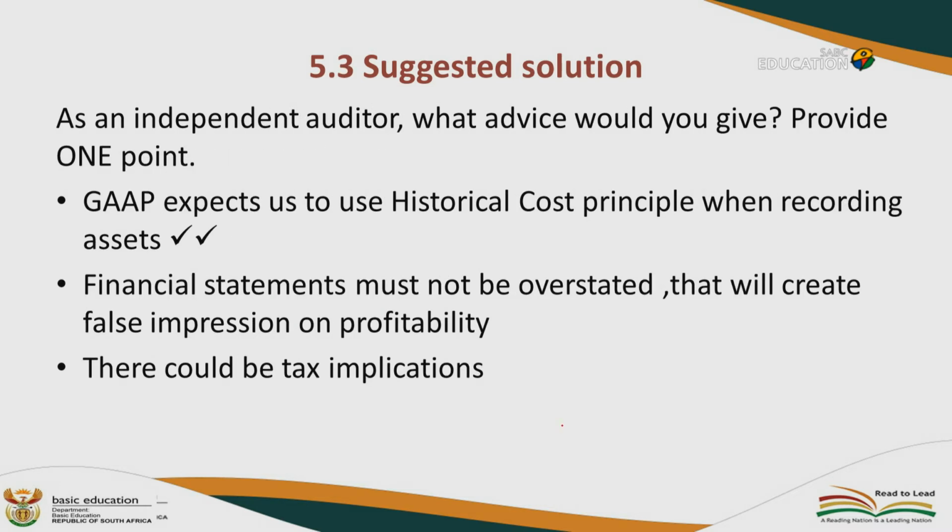And then when you look at this one, we've already spoken to it that you will have to keep your asset at cost because of the GAAP principle that we have to comply with. And the 2 marks is normally allocated to this. If you give a full statement, you'll definitely get your full marks.